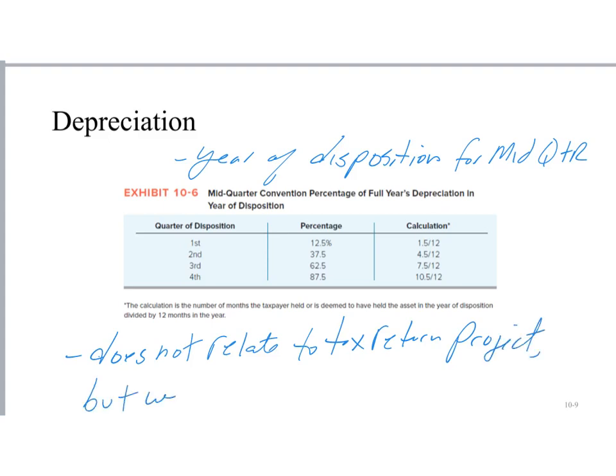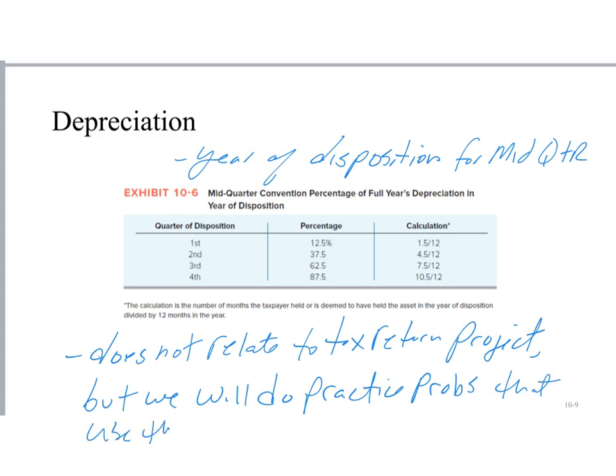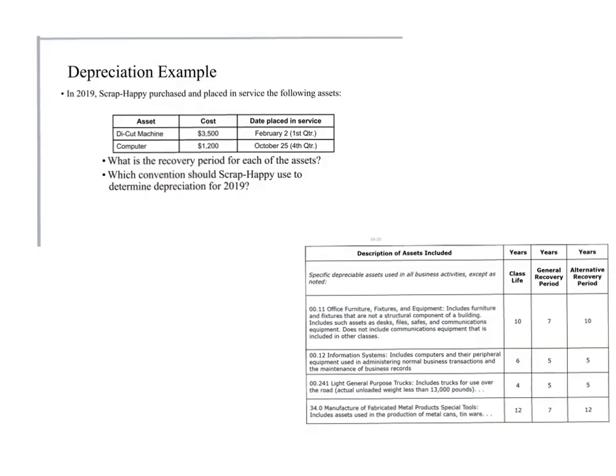But we will do practice problems that use this, so you'll learn how to do this. You don't have to worry about it for your tax return project, okay? And I want to get you rolling right now on your tax return projects. Okay, so now let's do an example.